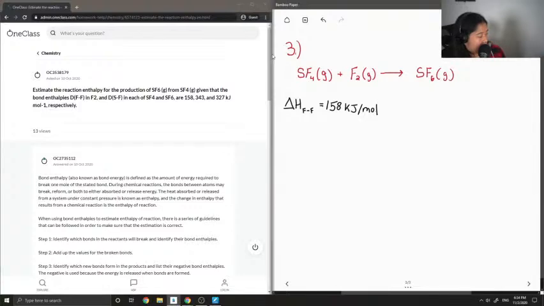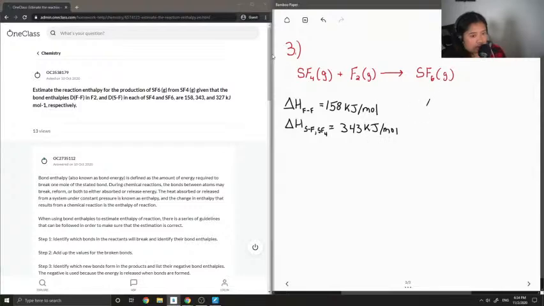And then similarly, we can do the same thing. The enthalpy of the SF bond. So the first one is for the sulfur tetrafluoride, and this is 343 kilojoules per mole.